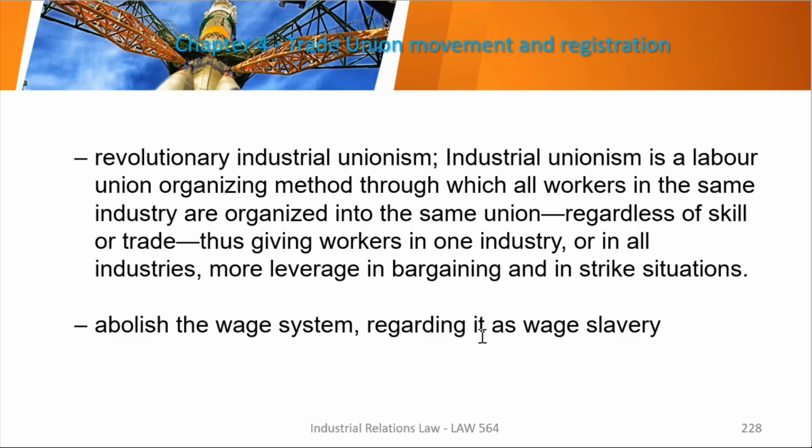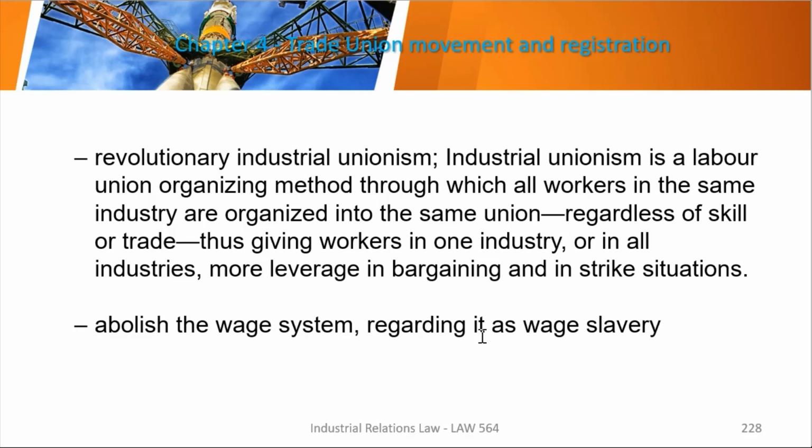If you're talking about white collar, they are for white collar union, and blue collar unions for blue collar workers. These workers must represent certain sectors because there must be some similarities among the industry's workers.